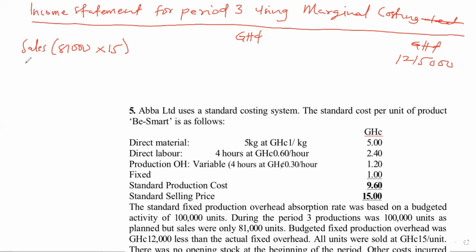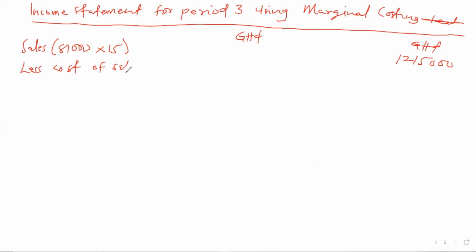So we come to less cost of sales. Now we are going to find our cost of sales. In this question, they said there is no opening stock.